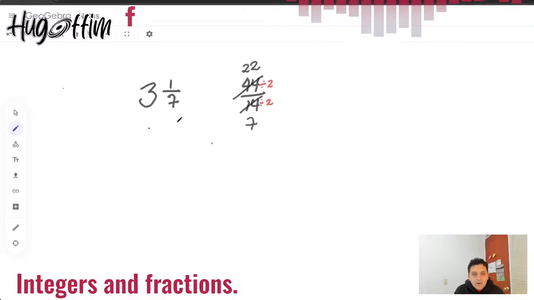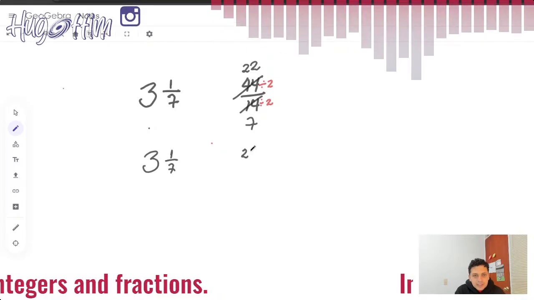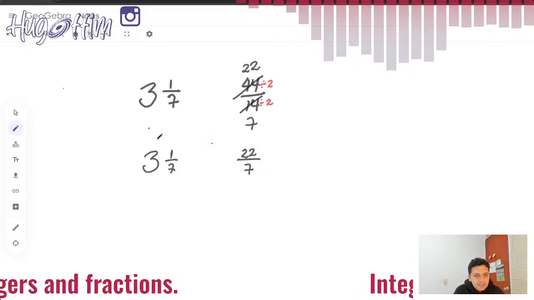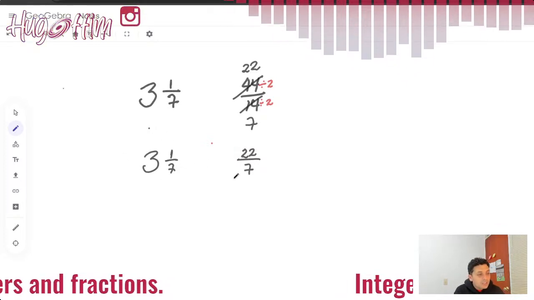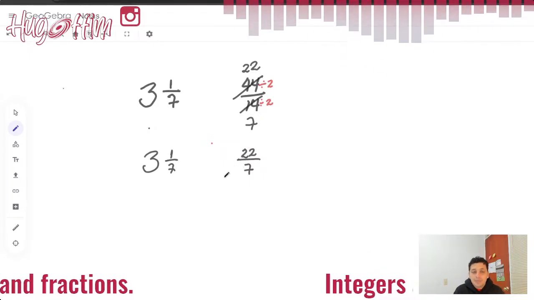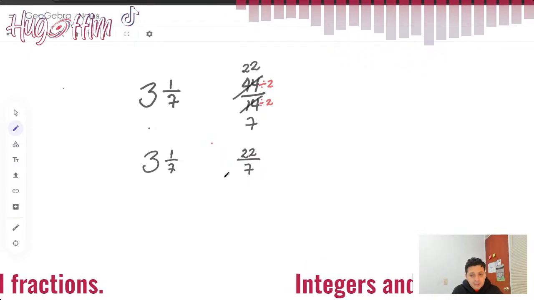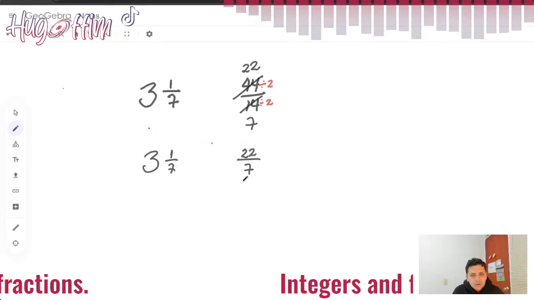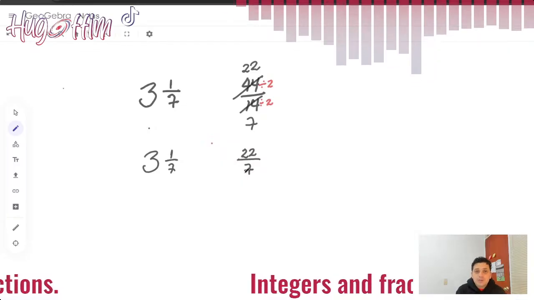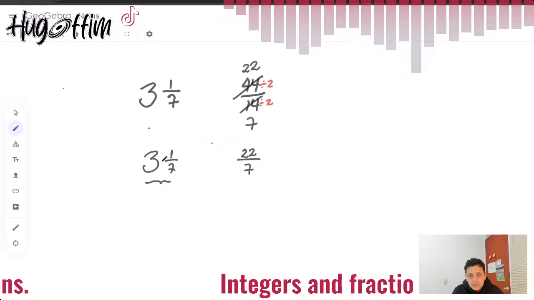Okay? Now, I have 3 and 1/7 and 22 over 7. Now, I need to convert either this mixed number into a fraction or this fraction into a mixed number. So I'm going to do both so we can remember how you can convert fractions to mixed numbers or mixed numbers to fractions. Now, how to convert 22 over 7 to a mixed number? Just remember that this mixed number is an addition. This is 3 plus 1/7.